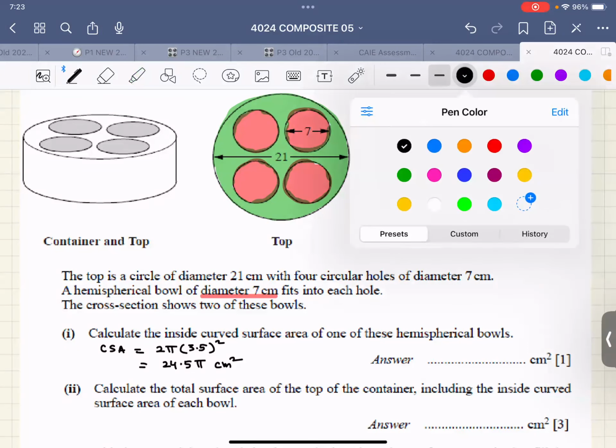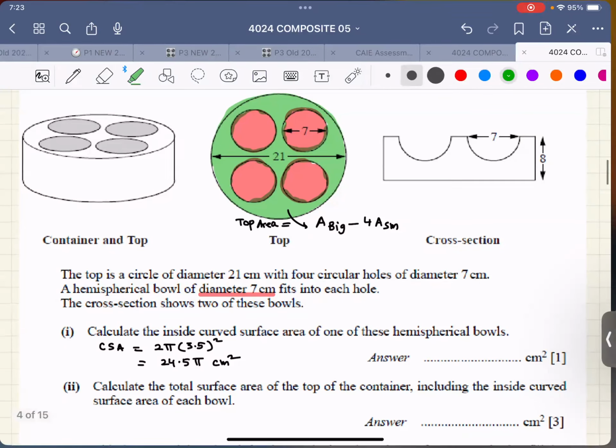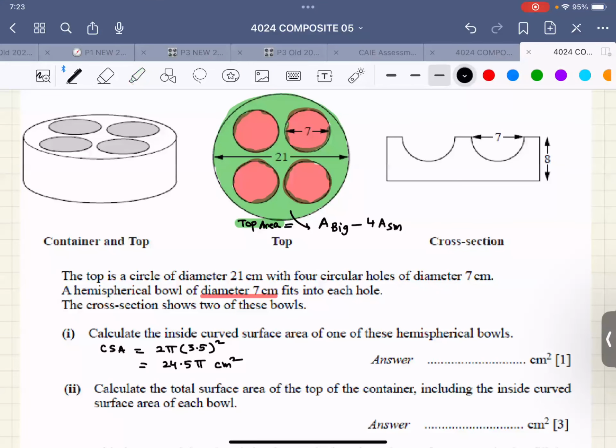So if I'm talking about this green area, so this is area of big circle minus 4 times area of small circles. That is the top area, which is shaded in green color. That is this thing. So first of all, this is pi, and this is 21 over 2 whole square, and this is 4 times pi, and this is 7 over 2 whole square.